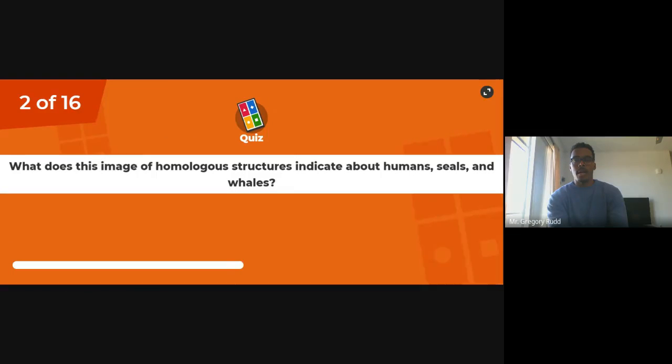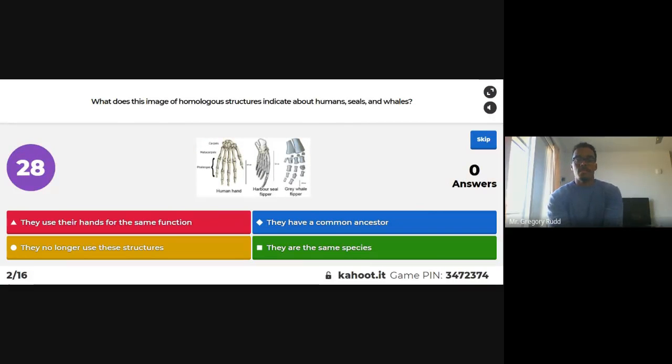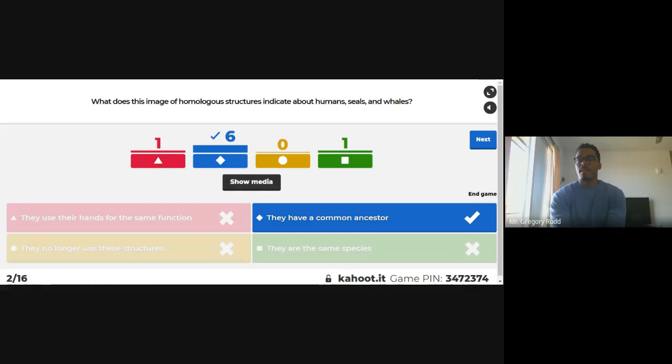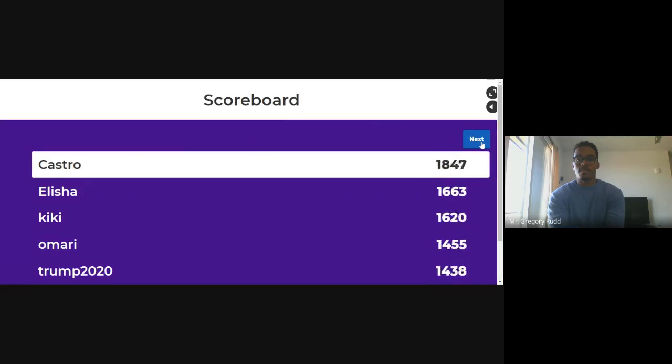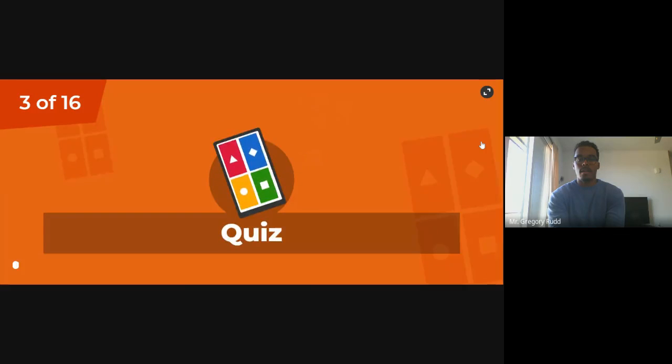What does this image of homologous structures indicate about humans, seals, and whales? Good. So we use homologous structures as evidence that there was once a common ancestor between these now very different species. Good job.